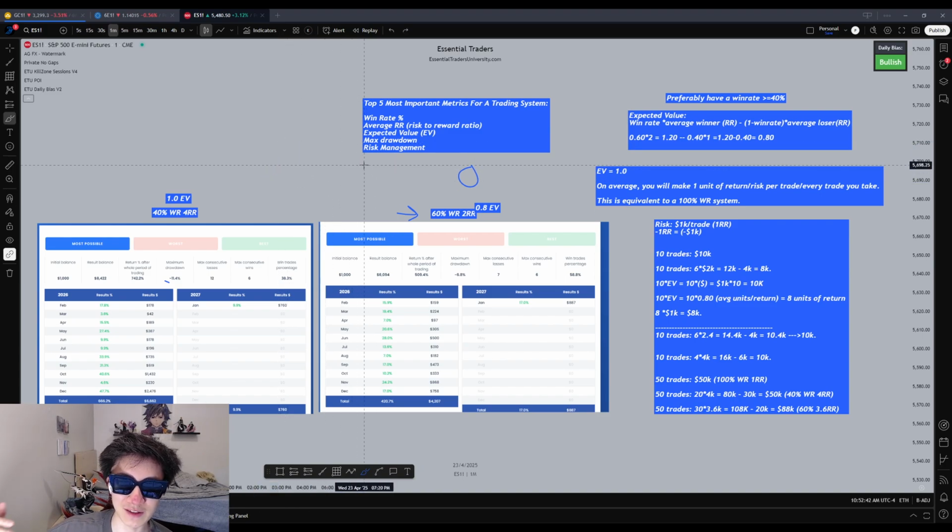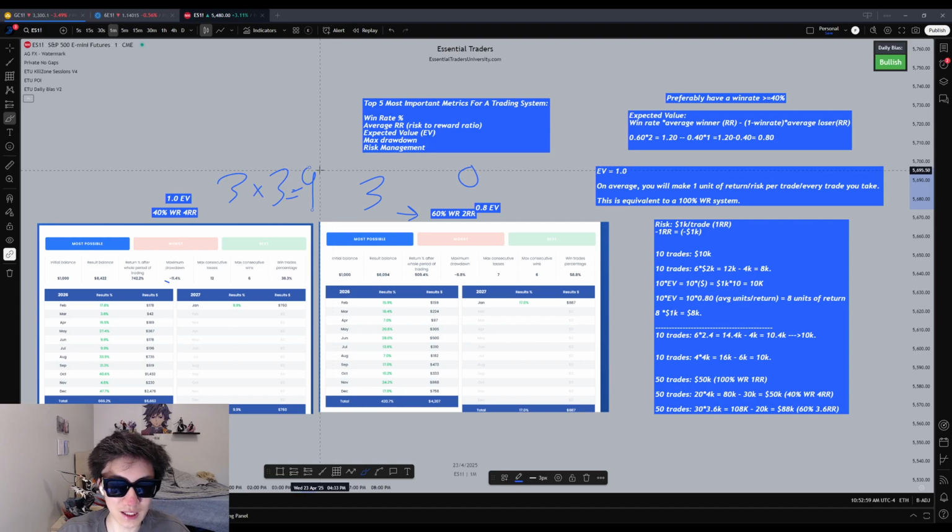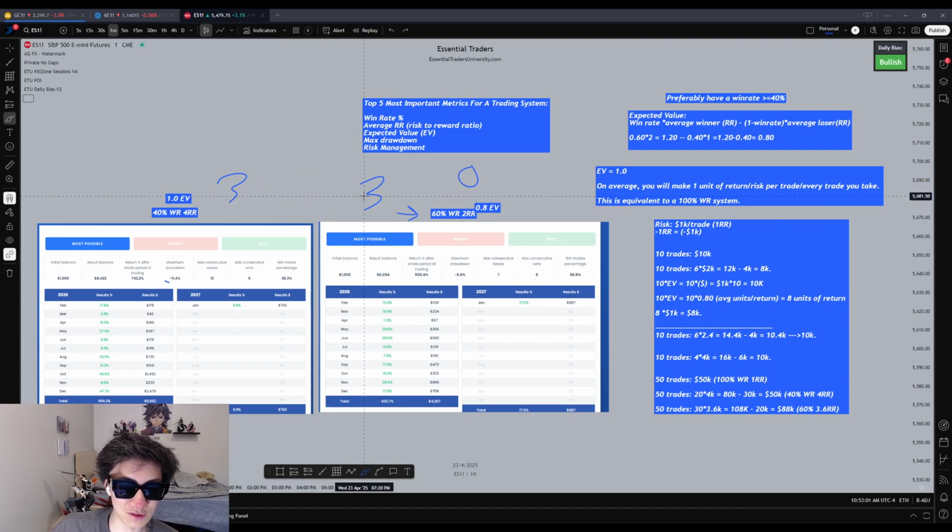Especially as you compound it and look at it through the lens of several years, that times 3 every single year is going to go a very long way. Across 3 years, you'd be at 3 for this system. Across 3 years for this system, you'd be at 9. So it's a very big difference.